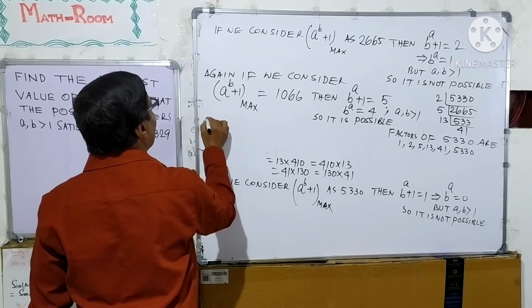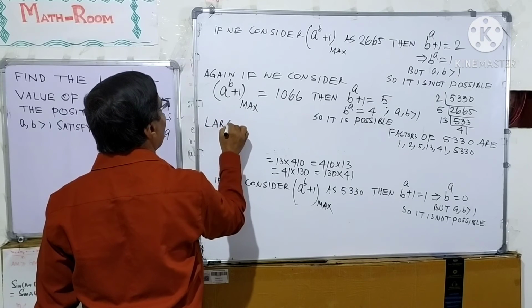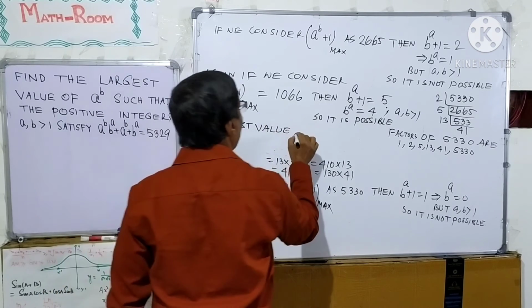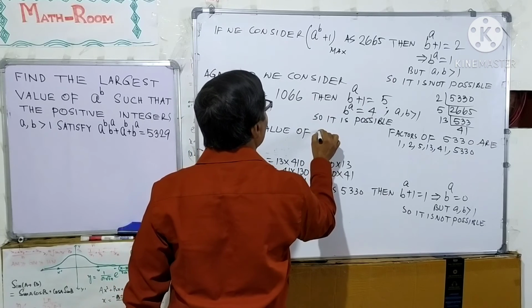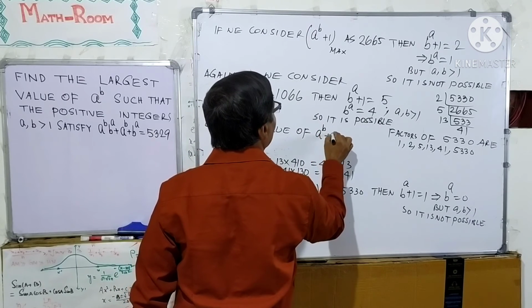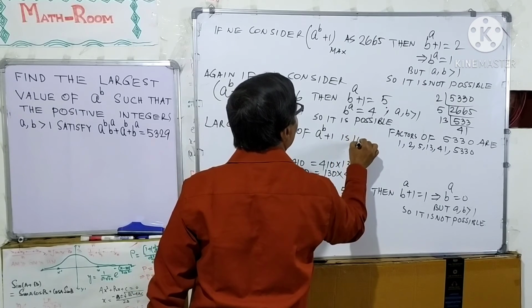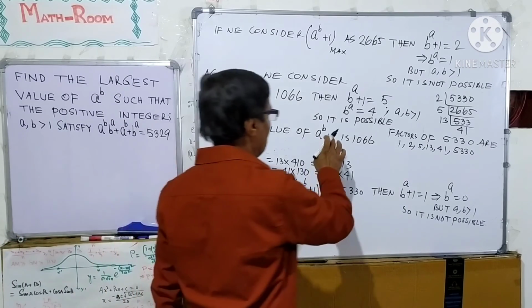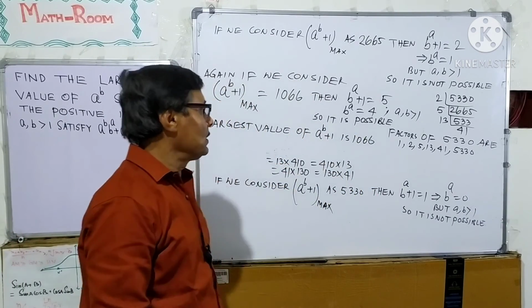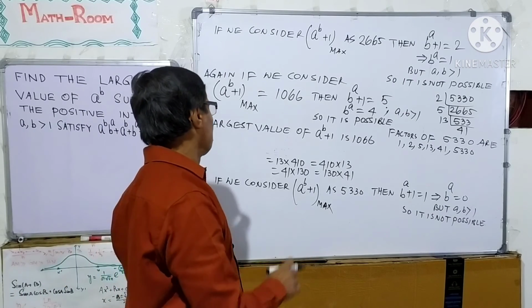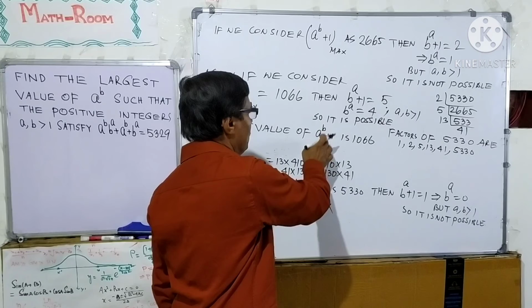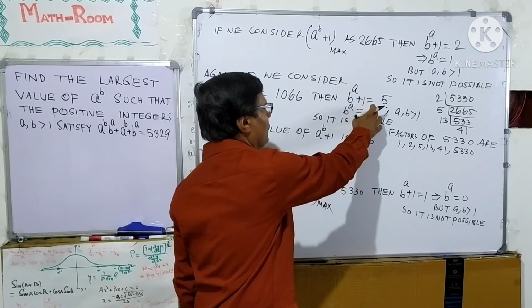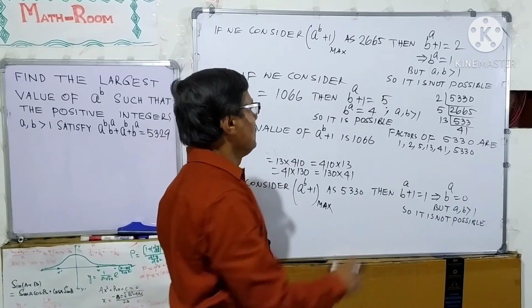So the largest value of a to the power b plus 1 is justified, that is it is possible, because for this value of a to the power b plus 1, b to the power a equal to 4, which is possible because a, b are greater than 1.